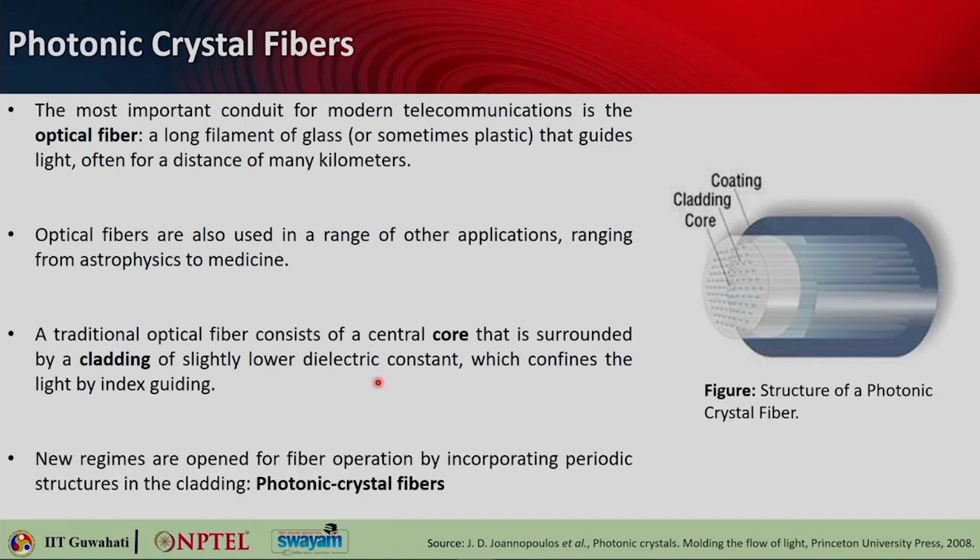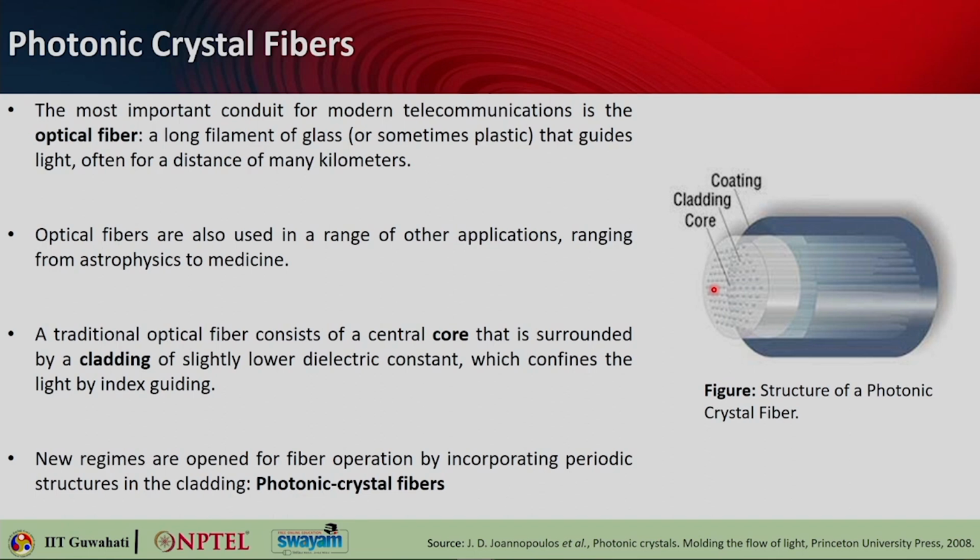So this is a typical photonic crystal fiber. So what happens here, in the cladding region you are basically incorporating a periodic structure or a photonic crystal, and that photonic crystal should have a band gap at the wavelength that is being carried in the core.